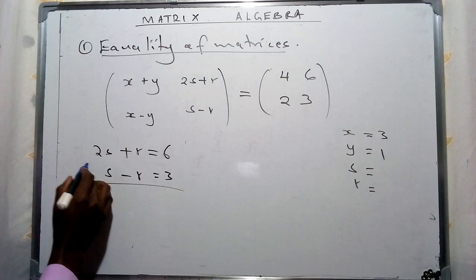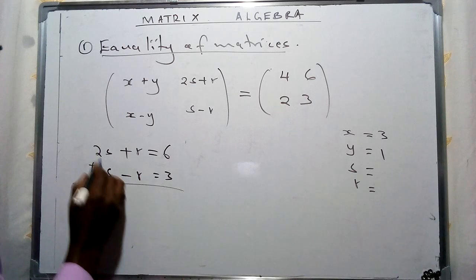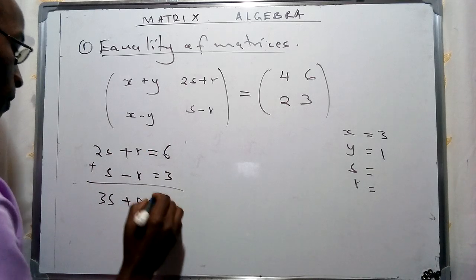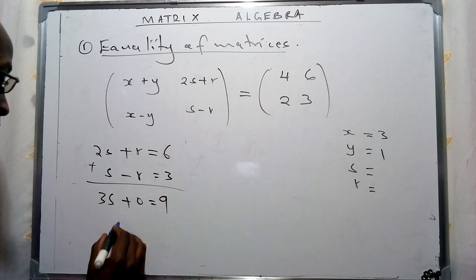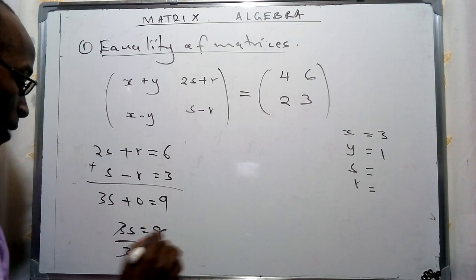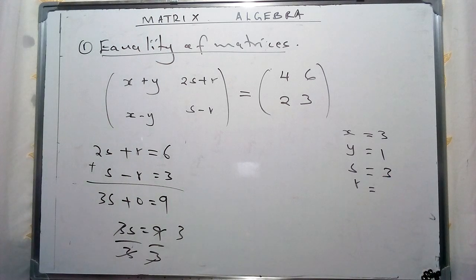So if we have an addition of that one, this is going to be 3s plus 0 is equivalent to 9. So we shall have 3s equivalent to 9, and the value of s therefore is equivalent to 3.